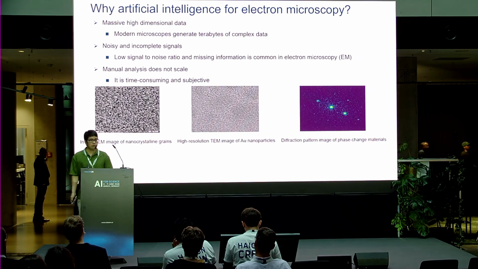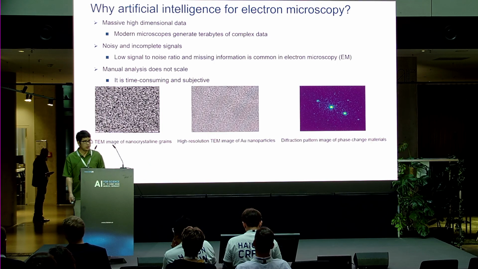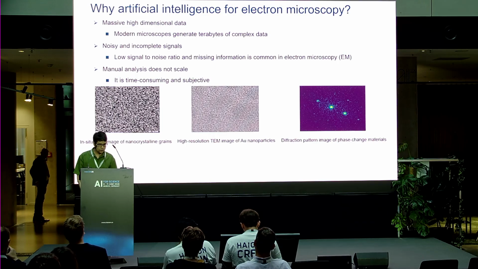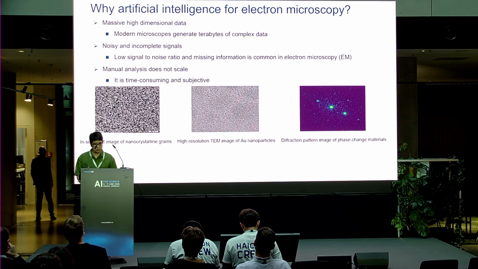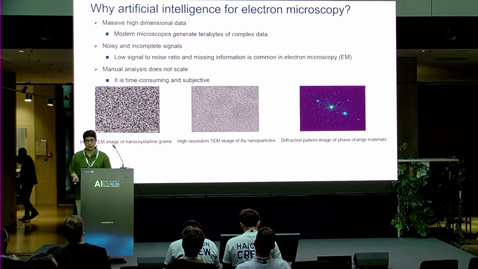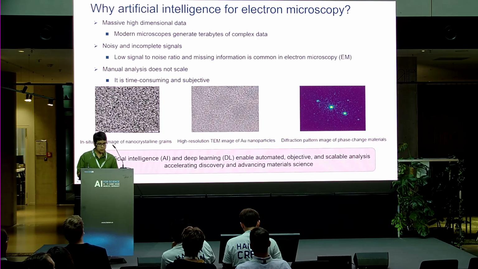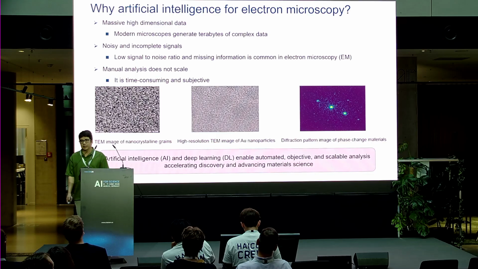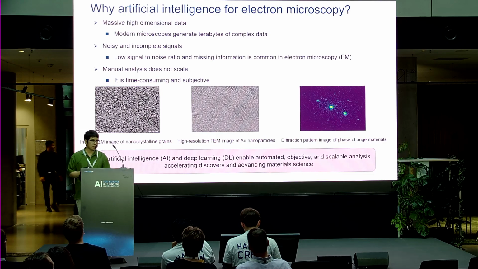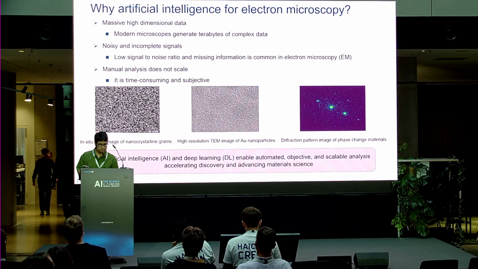These images show the range of complexities in electron microscopy images that we can have, from in situ transmission electron microscopy of nanocrystalline grains to nanoparticles to diffraction images of phase change materials. So this is where AI and deep learning can help us automate the analysis in order to accelerate scientific discovery.